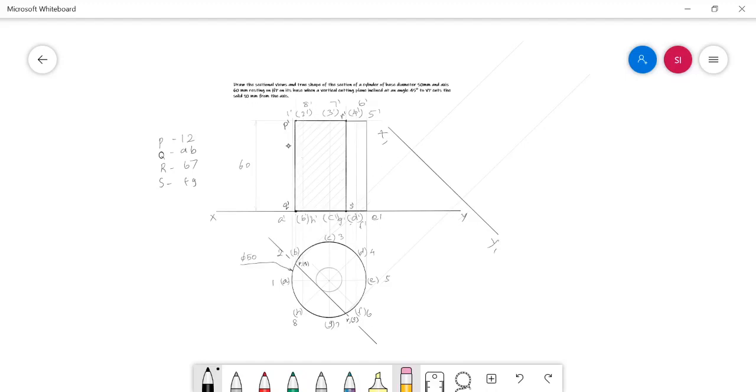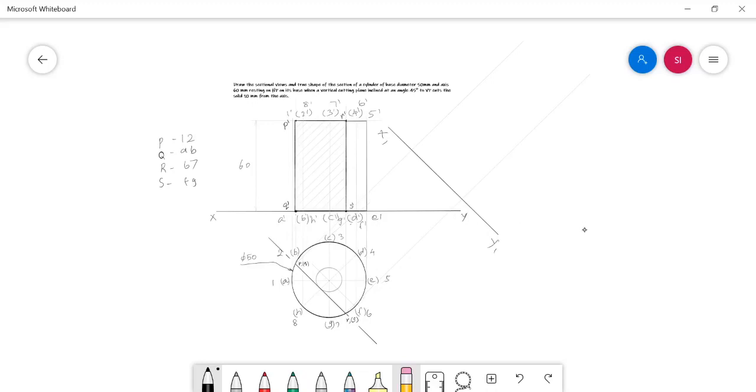Now we need to mark the cut points P, Q, R, S in their respective projectors, maintaining a distance from x1 y1 which is the same as the distance maintained by the same points with respect to xy.